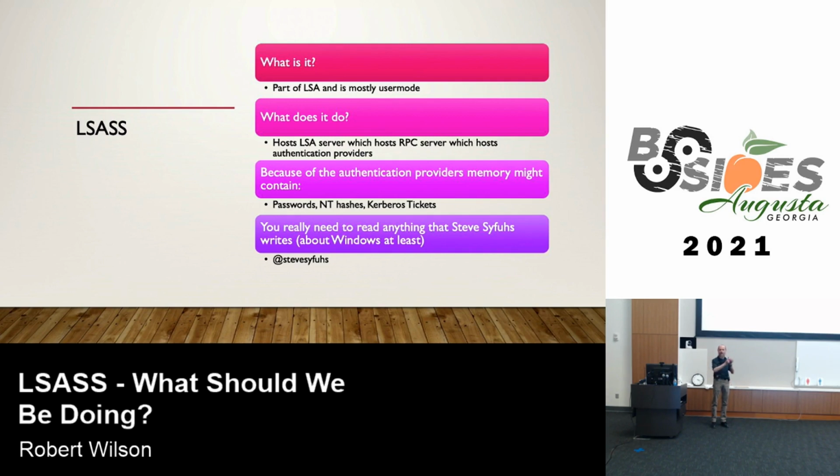And he will go on a 30 to 40 tweet thread about the history of why Microsoft picked Kerberos for authentication and go back to how things got included in Windows 2000, all that kind of stuff. So if you're on Twitter, which I strongly recommend if you're doing security stuff, Steve Cyphus is someone to follow.